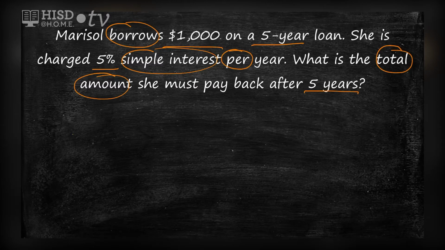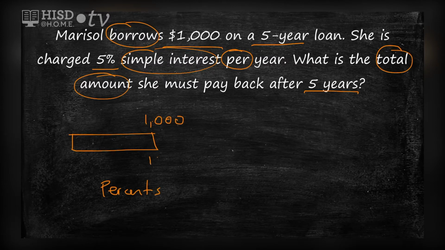So I'm going to be using the bar, and remember that on my bar on the bottom, I'm going to be including the percents. So I know that my total borrowed is $1,000, and that represents 100% of the money. I want to know what 5% represents, so I'm going to put 5% over here, and then this is going to be my variable or my x.